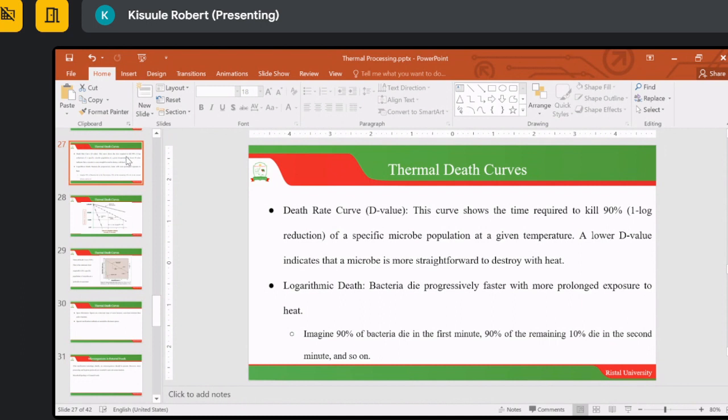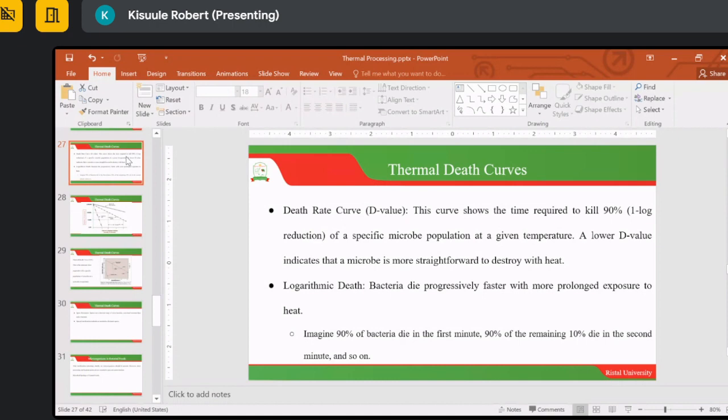We are looking at the progressive death of bacteria in logarithmic death. But for the death rate, or D value, we are looking at the time required to kill 90% of a specific microbe population at that given temperature.